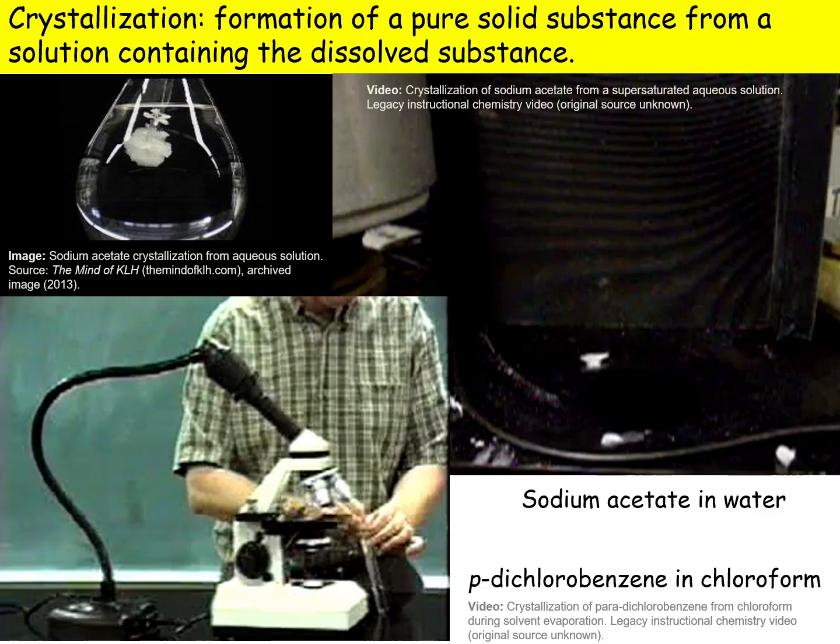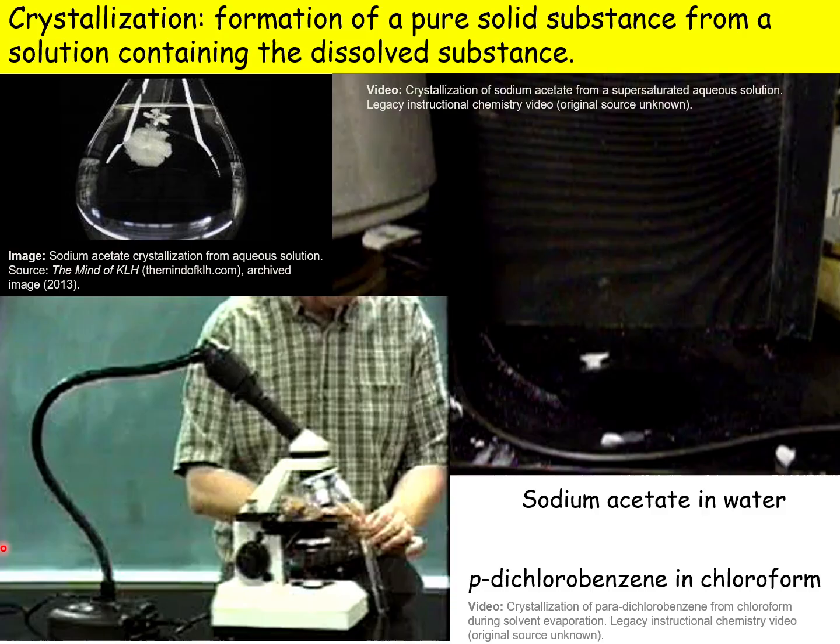So I have a picture up here. It's just sodium acetate crystallizing off of a seed crystal in an aqueous solution. I also have, try to see if I can get this to work right, 2 videos. One video is sodium acetate dissolved in water.